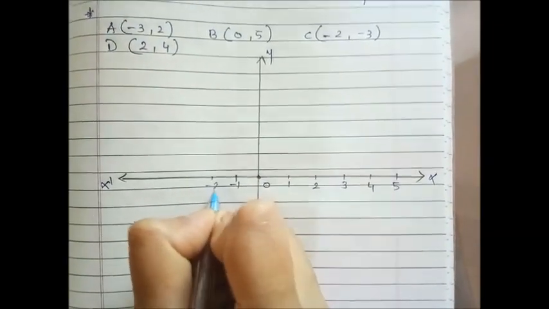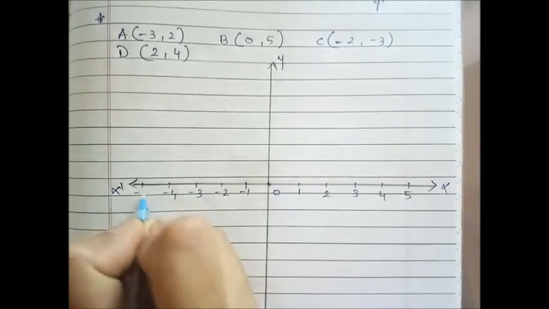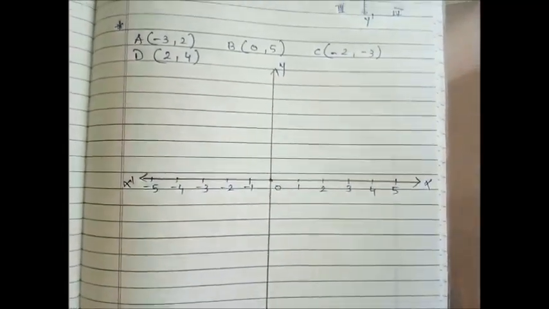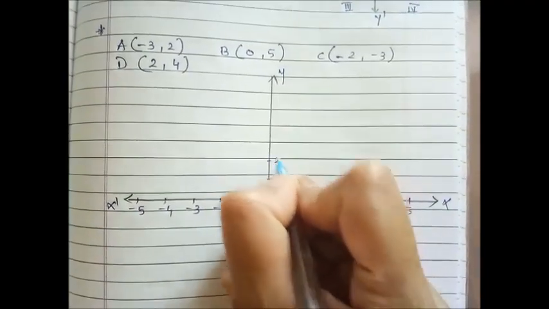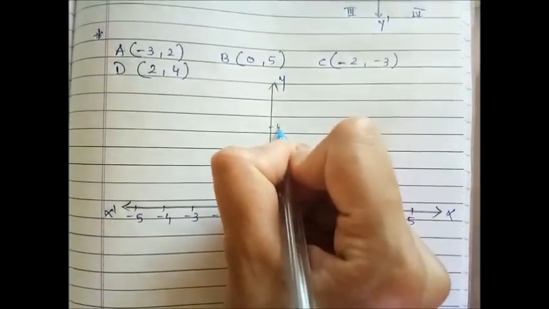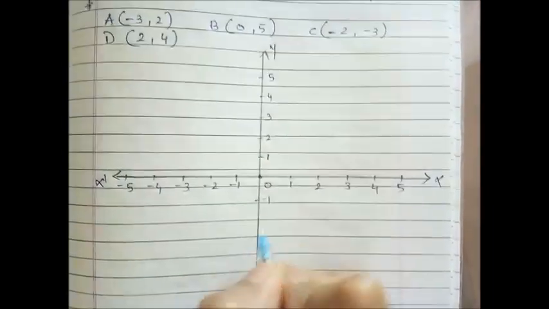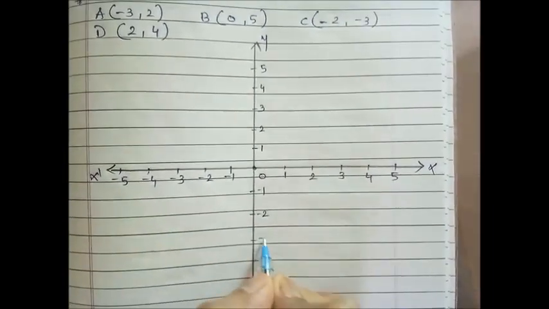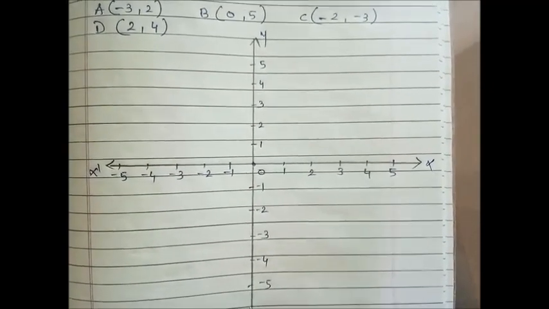Minus 1, minus 2, minus 3, minus 4, minus 5 and so on. Here 1, 2, 3, 4, 5 and so on. Here minus 1, minus 2, minus 3, minus 4, minus 5, minus 6 and so on.